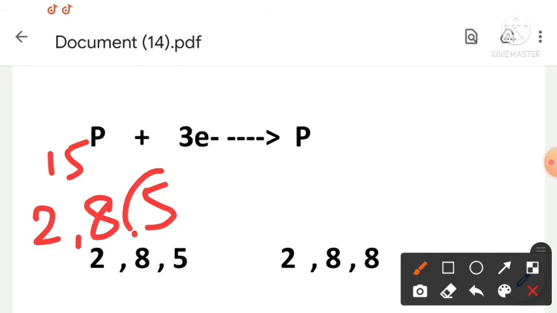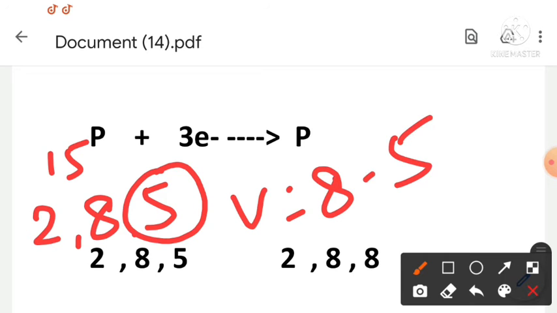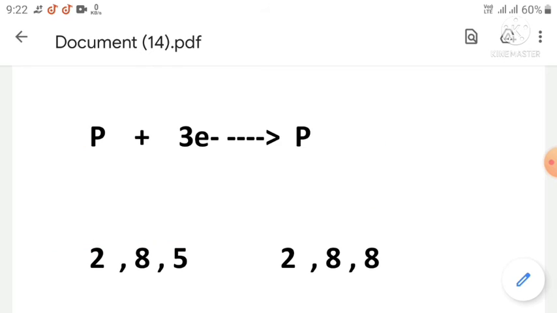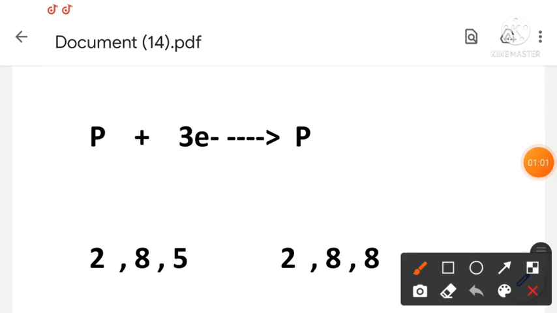Here the outermost shell has 5 electrons, so the valence electron is 5, and we derive valency by using 8 minus 5, which is 3, so phosphorus gets 3 electrons from the outermost shell of other elements. Here the number of electrons is 15.